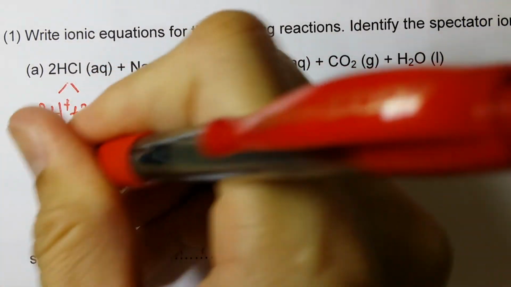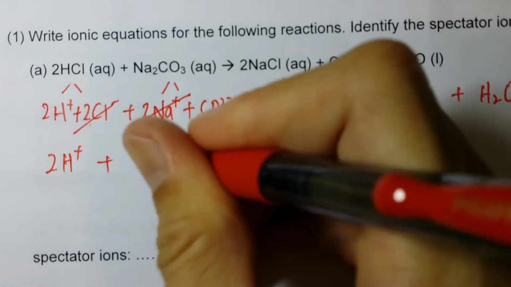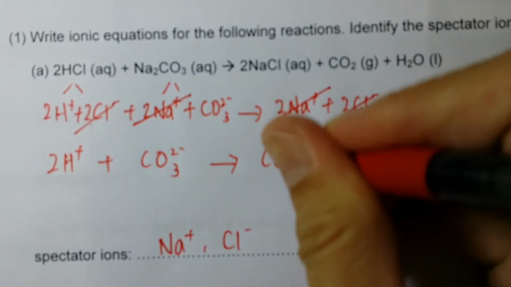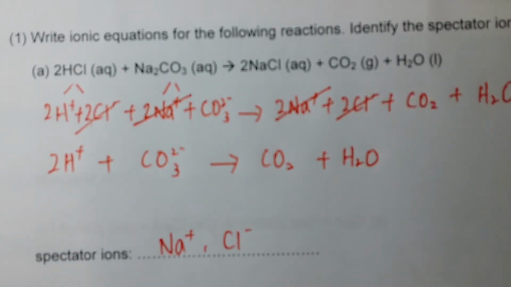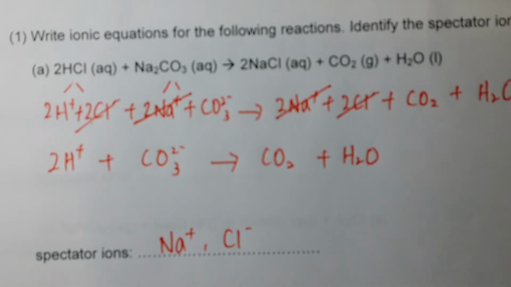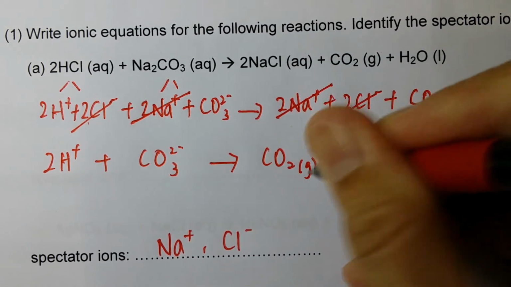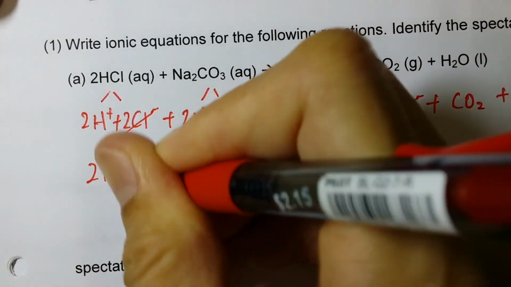Then after that you rewrite the formula, leaving out the spectator ions. Then of course you have to include the state symbols. This is aq, this is also aq.